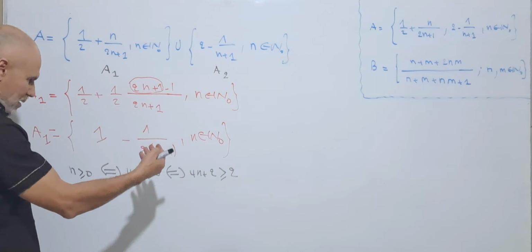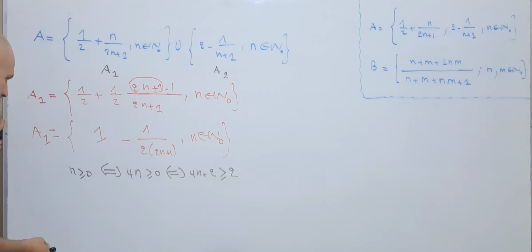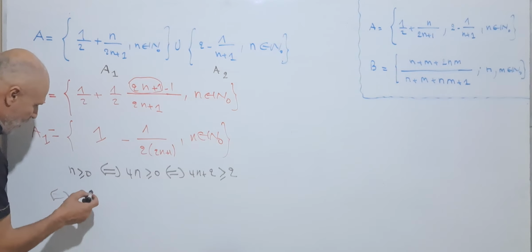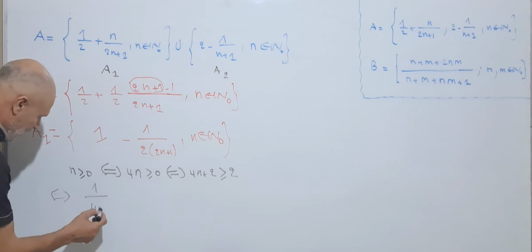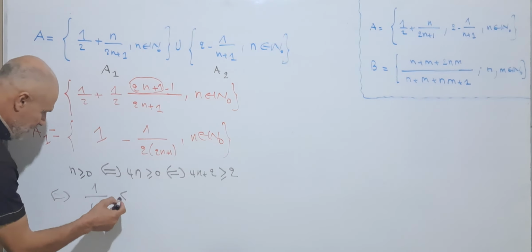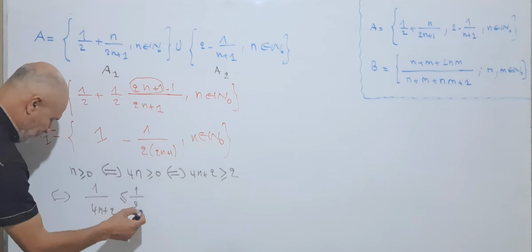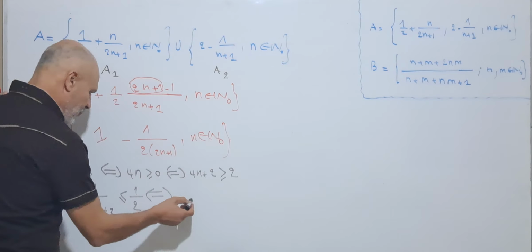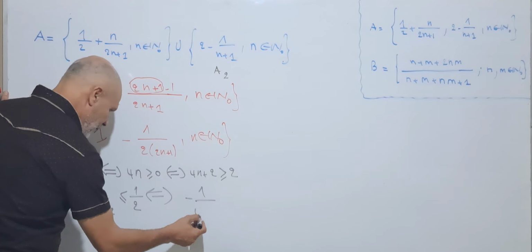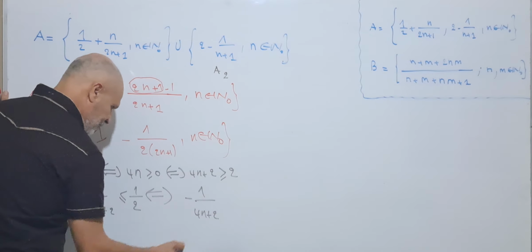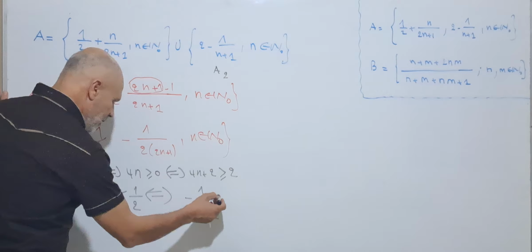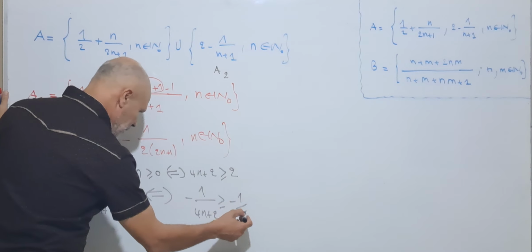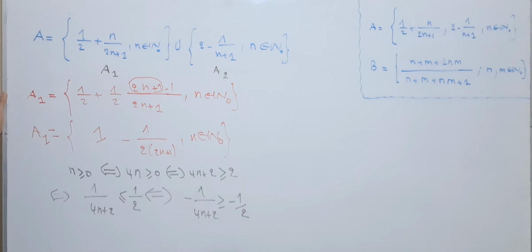If we take the inverse, this gives us 1/(4n plus 2) is less than or equal to 1/2, and this is equivalent to minus 1/(4n plus 2) greater than or equal to minus 1/2.